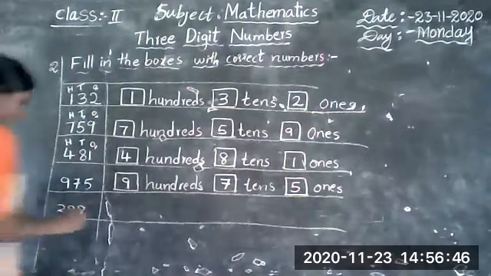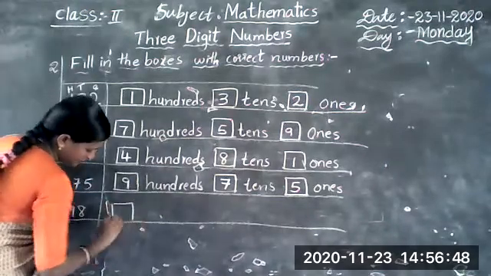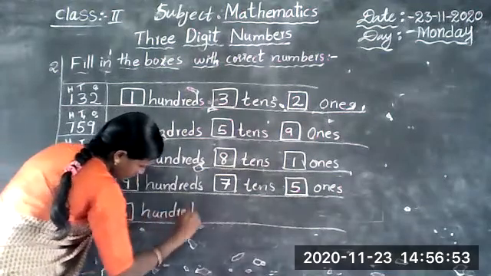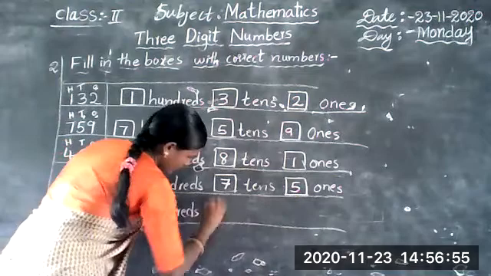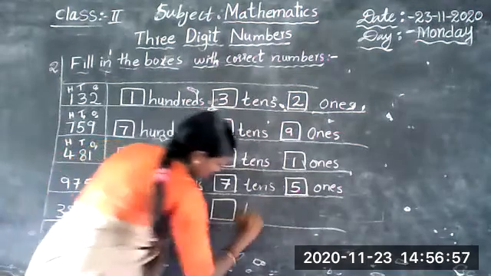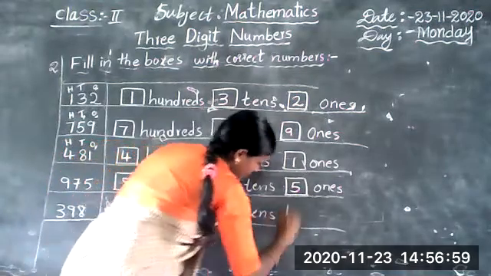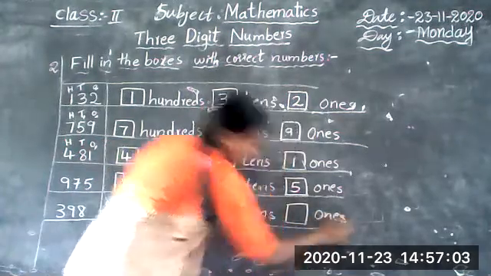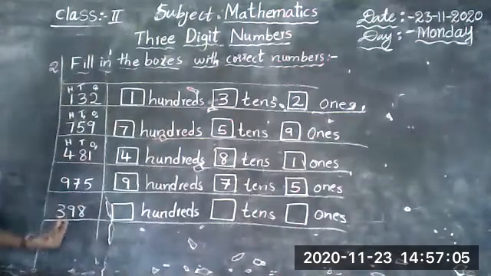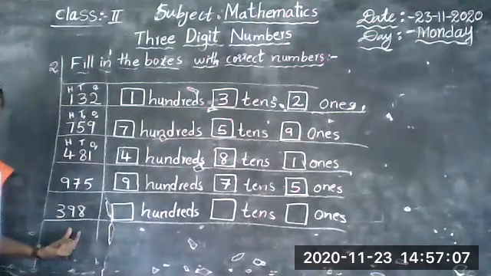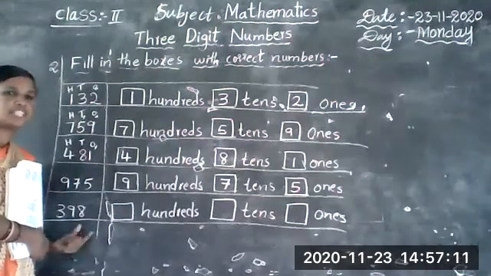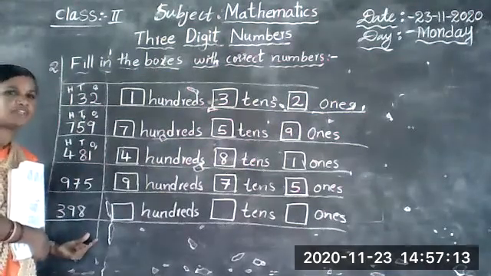398. See here. 398. In this number, how many ones are there?